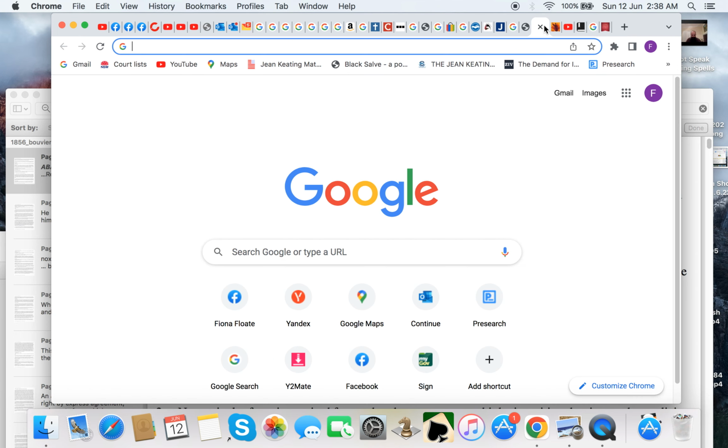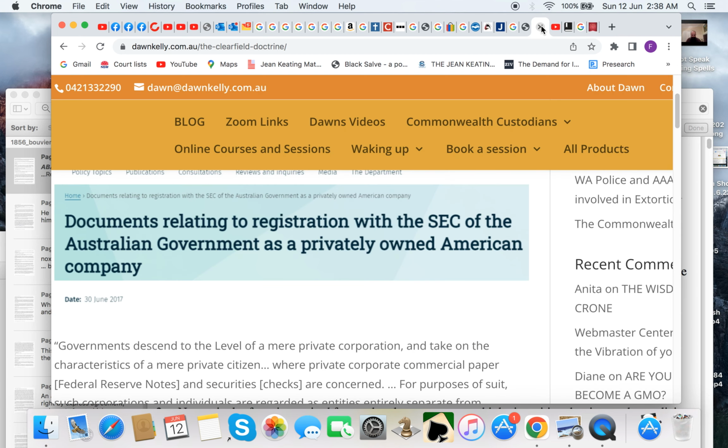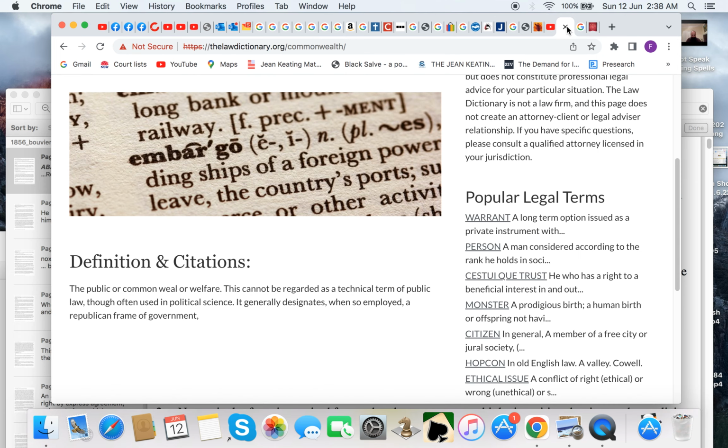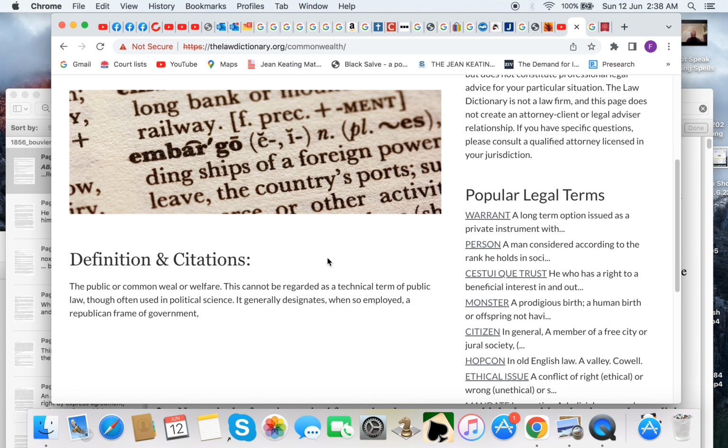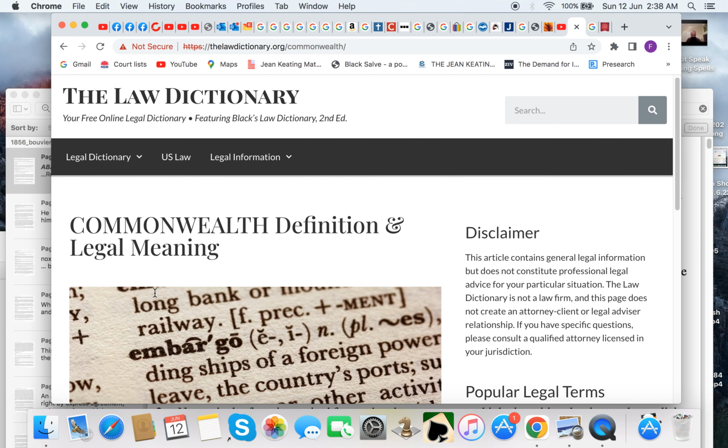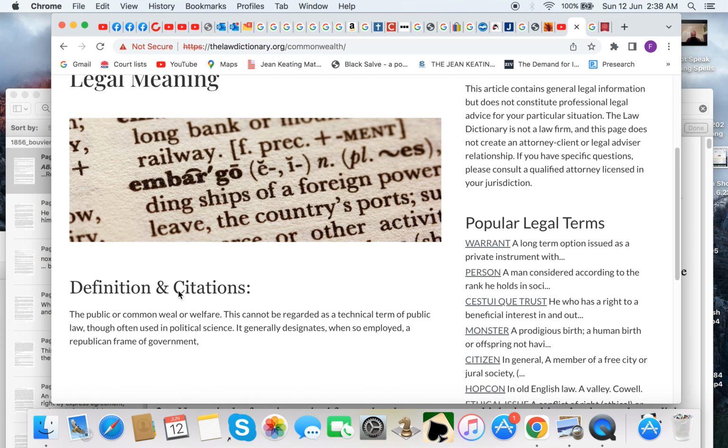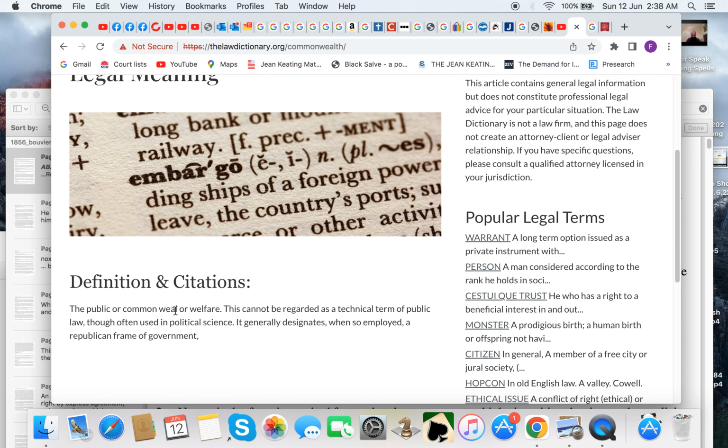and so I've covered human being. I've covered Commonwealth. So Commonwealth defined legal meaning for public or common well or welfare.